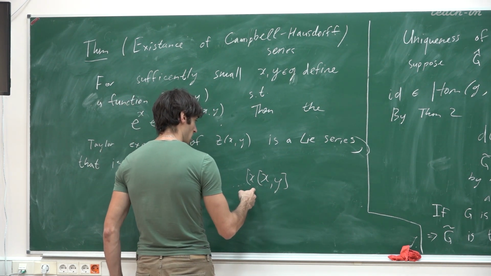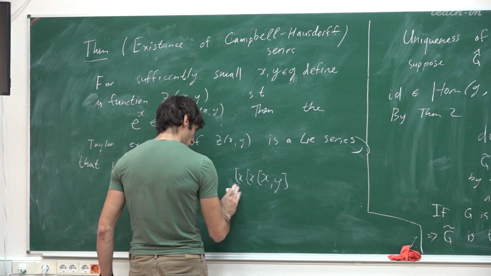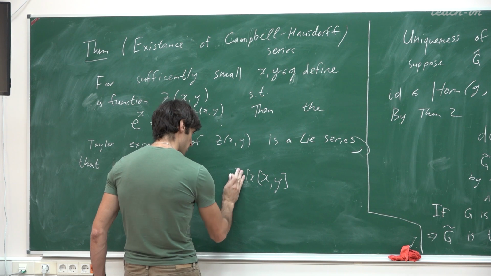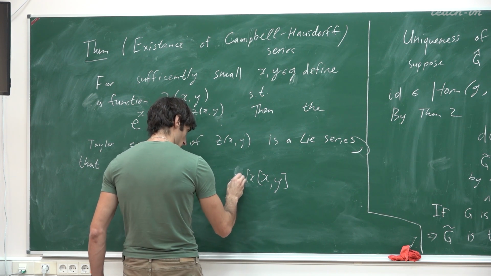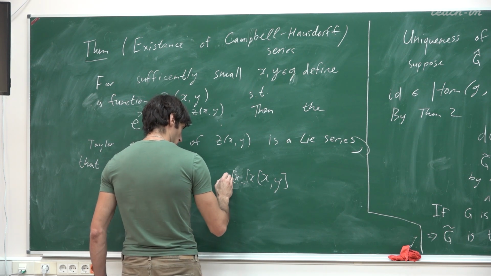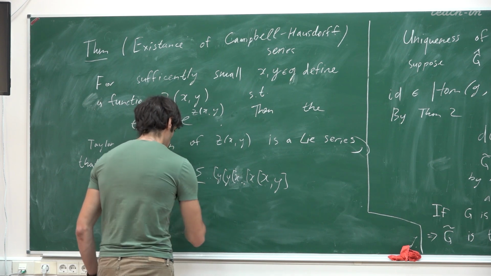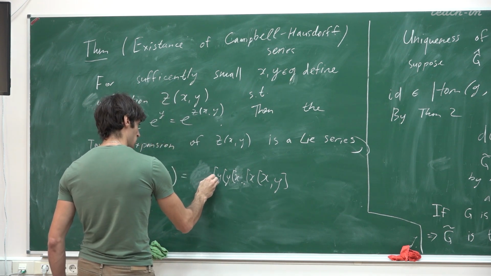So I take some number of commutators with x, then some number of commutators with y, and so on.